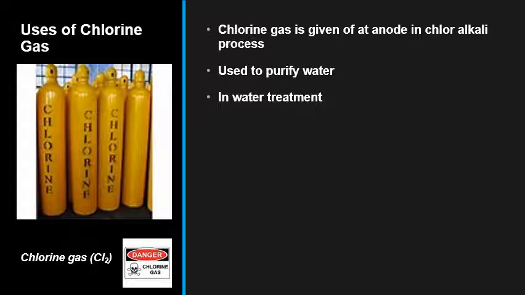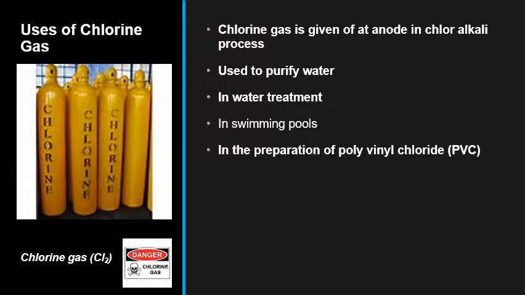This chlorine is used by the GVMC or municipalities to purify the water, and in the water treatment plants chlorine gas is used. And to kill the germs in the swimming pools, this chlorine gas is used. You get this smell while swimming, isn't it? Those who know swimming can understand very easily.